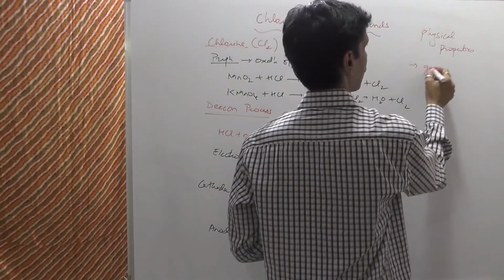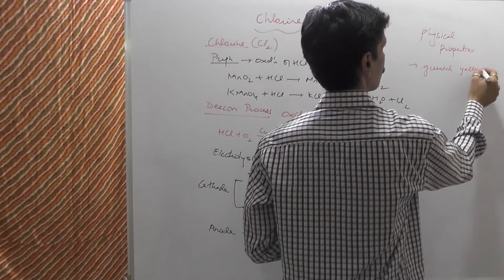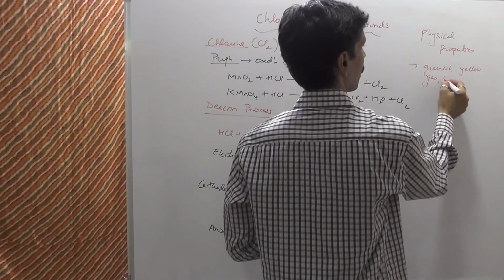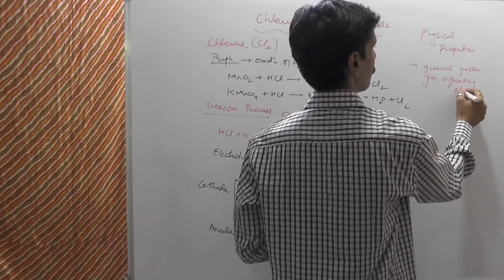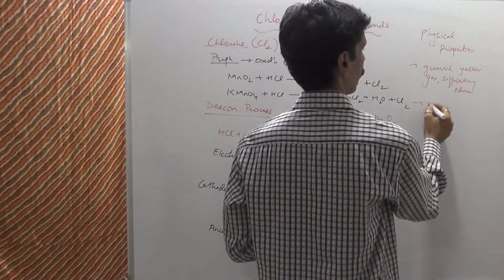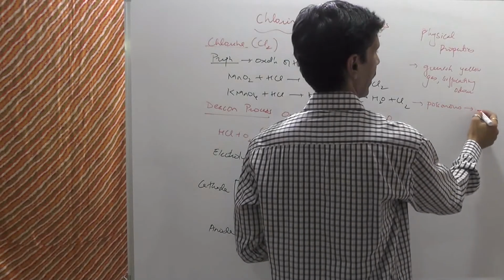पहला पॉइंट है, it is a greenish yellow gas. It has a very suffocating odor. It is going to be poisonous at higher concentration.